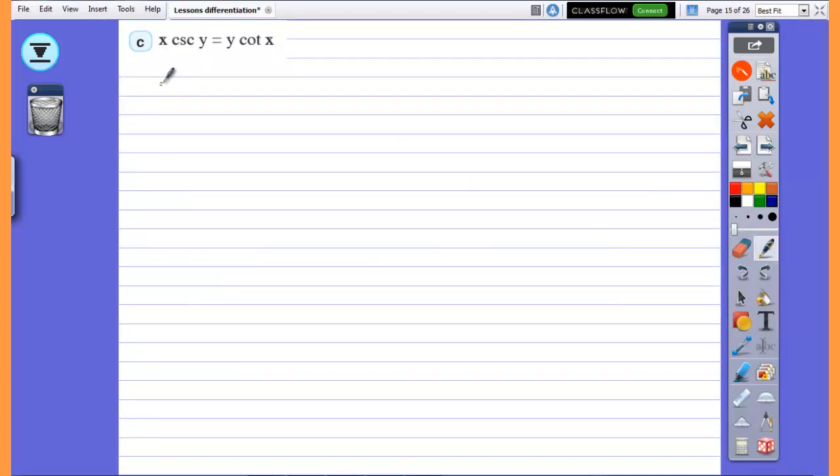c) x cosec y equals y cot x. Also the required is to find dy/dx, and we have the product of two functions.